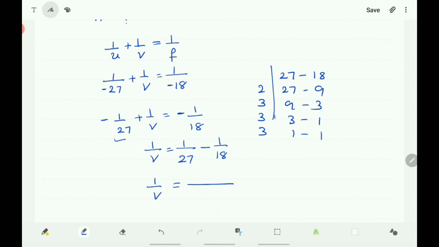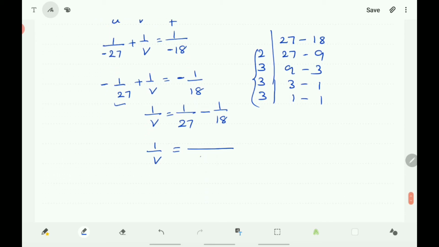You got 1 1. Next the product of these is 3 3s are 9, 9 3s are 27, 27 2s are 54. Then 27 2s are 54, so 1 2s are 2. Minus, 18 3s are 54 and 1 3s are 3. So it is 2 minus 3 by 54.